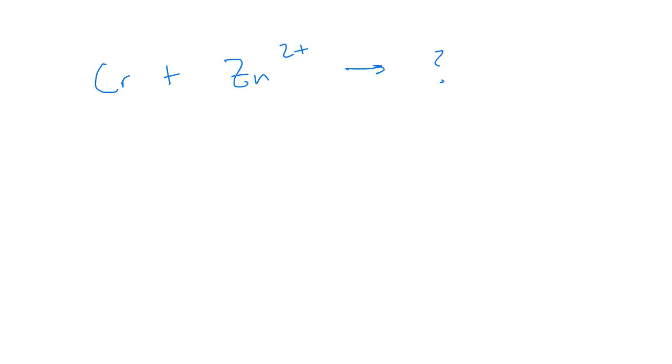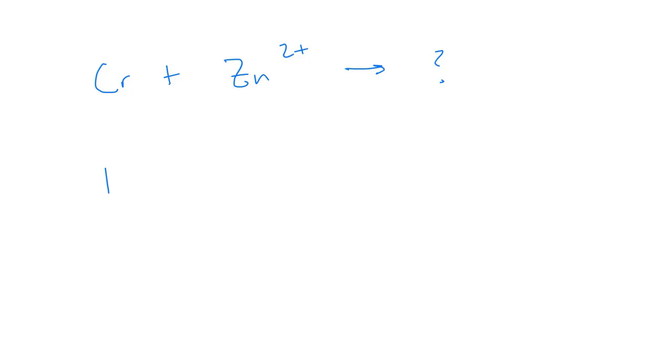If zinc is more likely to lose electrons than chromium, will this reaction occur? Should be no. No reaction. Zinc has already lost electrons, so it's not going to want to lose further electrons. So no reaction will occur. Awesome.